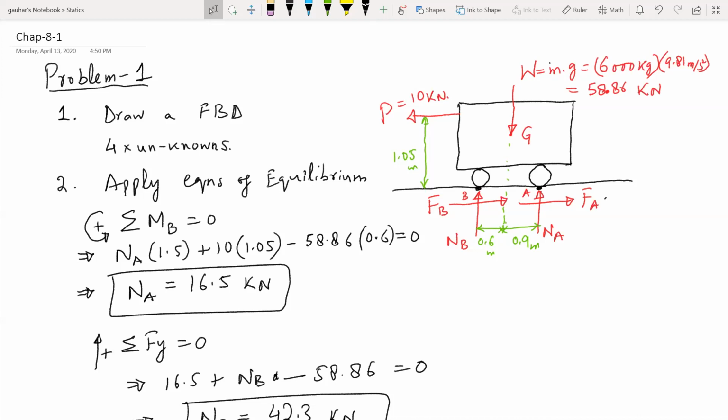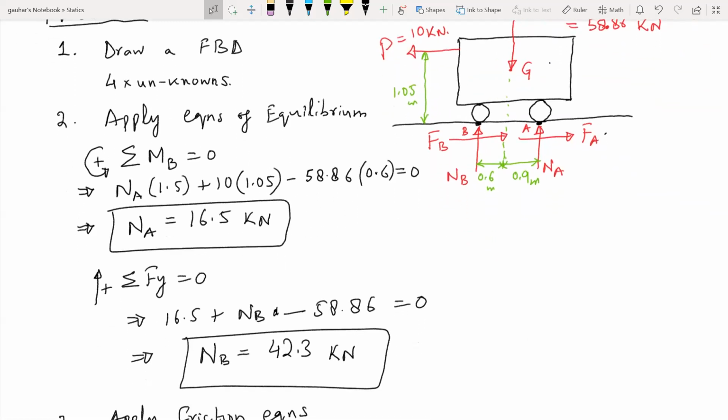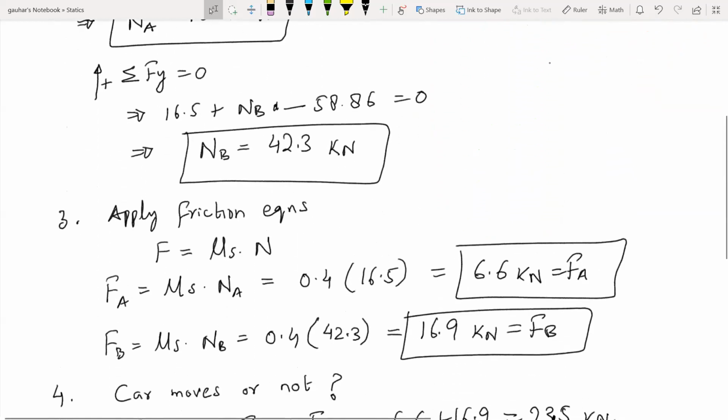In this case, we have 4 unknowns: FA, FB, NA, and NB, 2 normal forces and 2 friction forces. By applying the moment equation at point B, summation of forces in y direction, and the 2 friction equations, we could find all of these 4 unknowns, right?